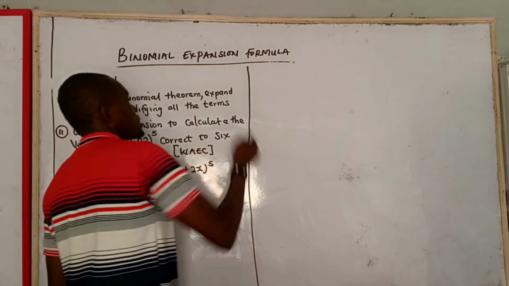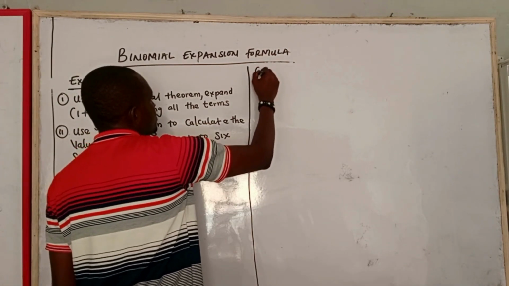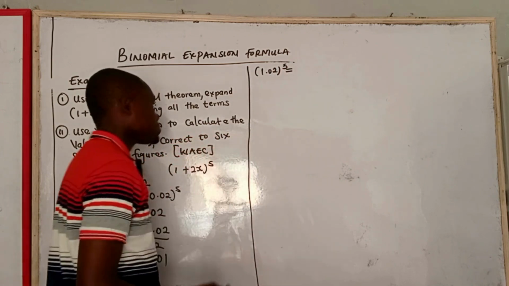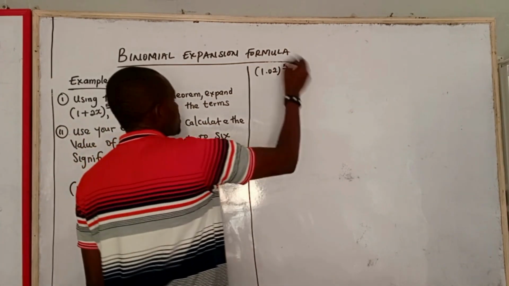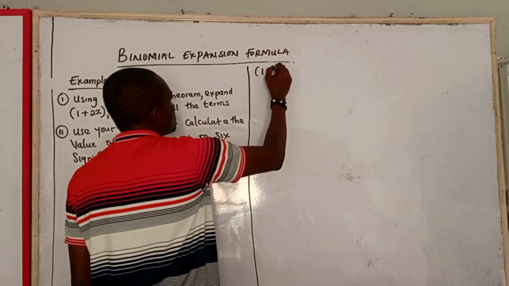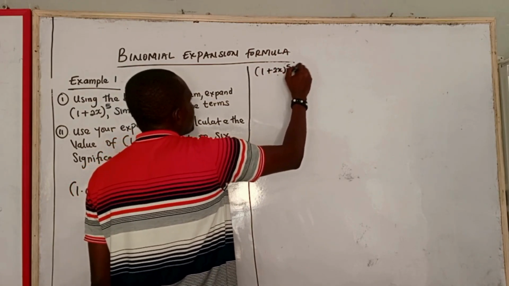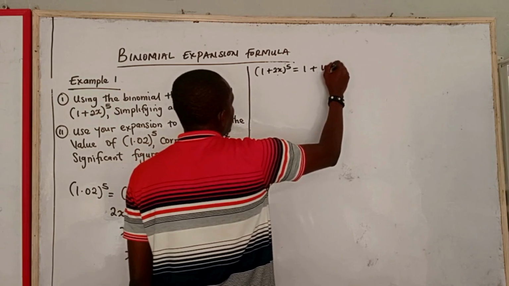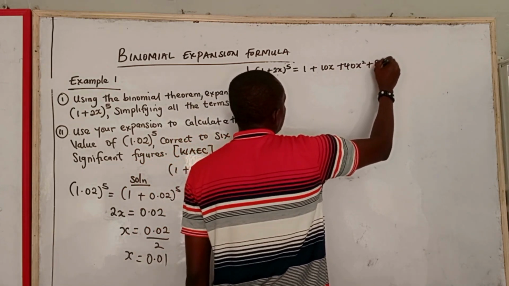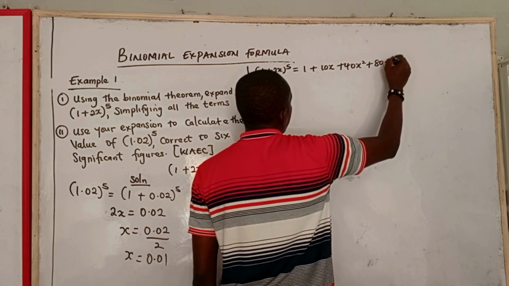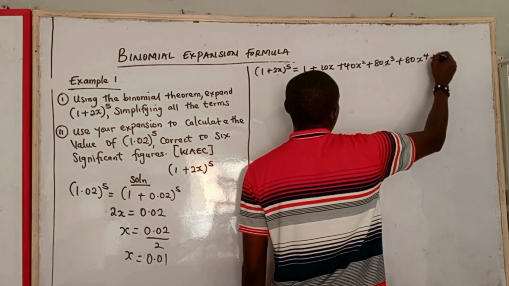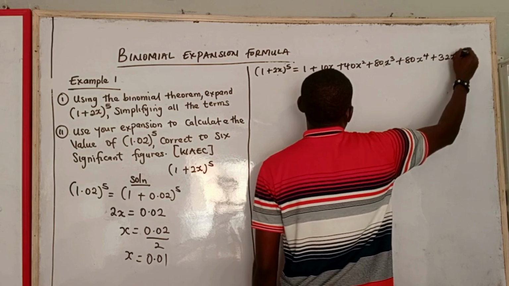So what is now our answer? We are going to have 1.02 raised to the power of 5 equal to, from our expansion, remember what we had: this raised to the power of 5 is 1 plus 10x plus 40x squared plus 80x to the power of 3 plus 80x to the power of 4 plus 32x to the power of 5.